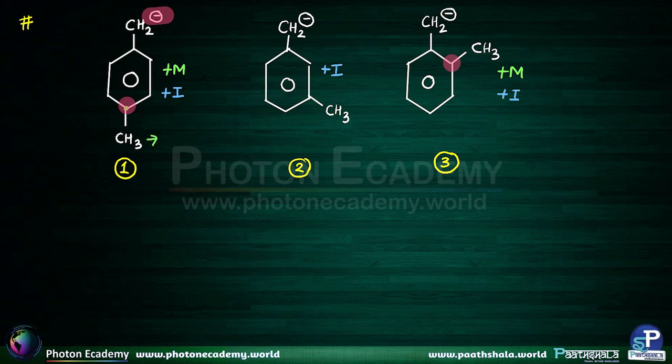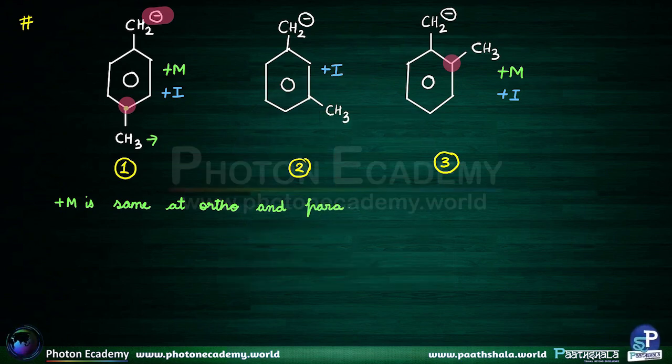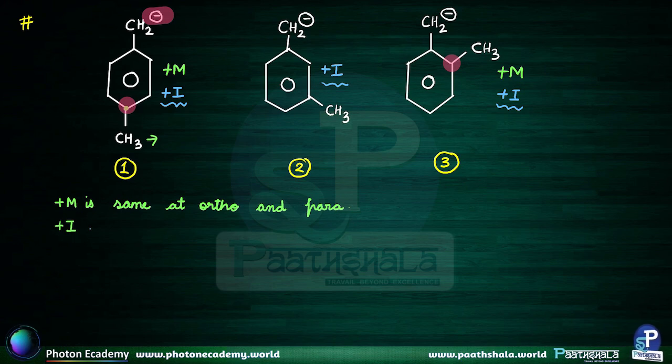So we can just say that plus M is the same at ortho and para. At both the positions, we have the same plus M. But there is another effect, the plus I, and the plus I decreases with distance.